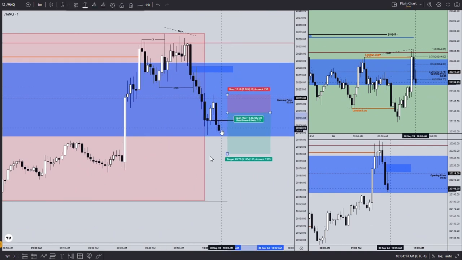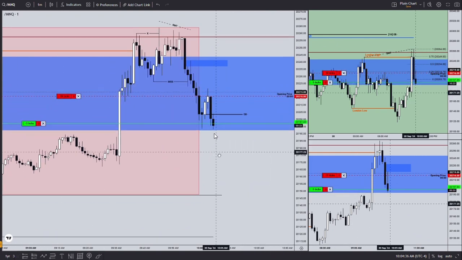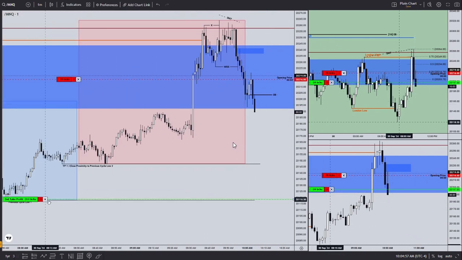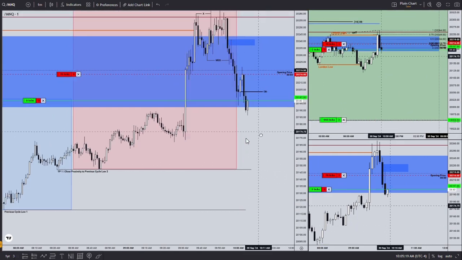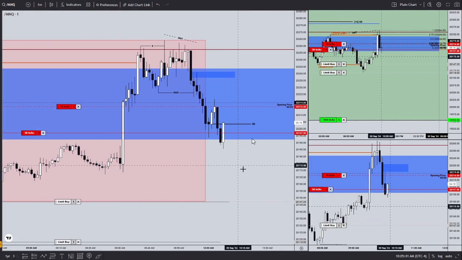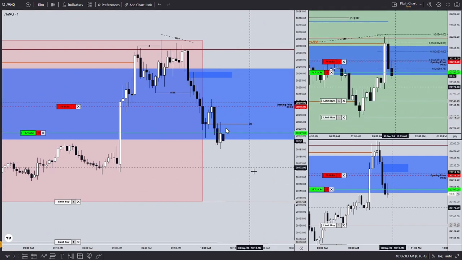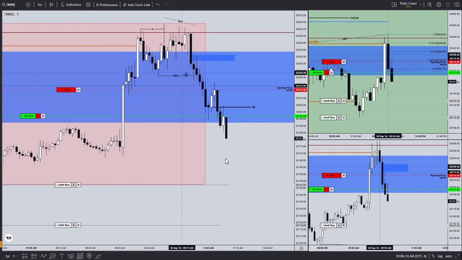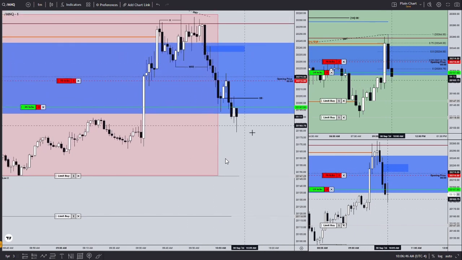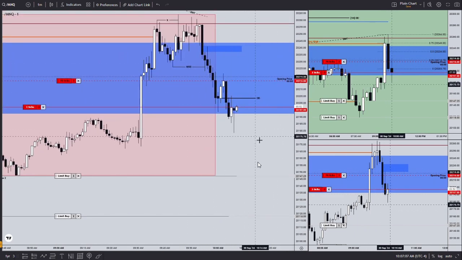Right, so we tap into this order block. I enter in 3 micros, and I'm anticipating this to be the distribution move, because everything that I've needed has already happened, right?